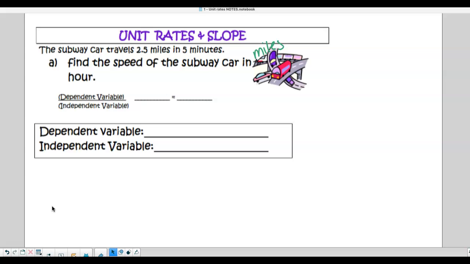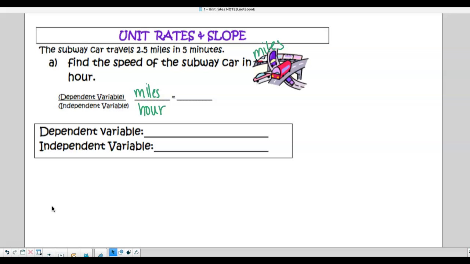I want to put miles on the top because it's saying miles per hour. Okay, so when we talk about unit rates, miles per hour, miles goes on top, hours goes on the bottom. Now that means miles is what's called our dependent variable, and hours is our independent variable. Okay?